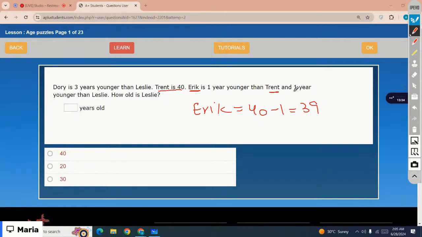And Eric is 1 year younger than Leslie. Let's calculate the age of Leslie. So Eric's age is 39, right?